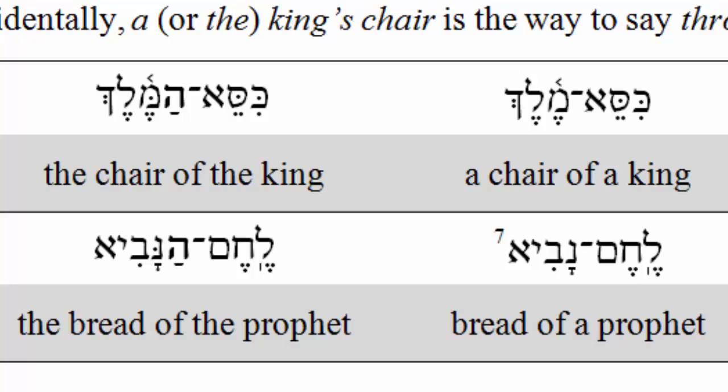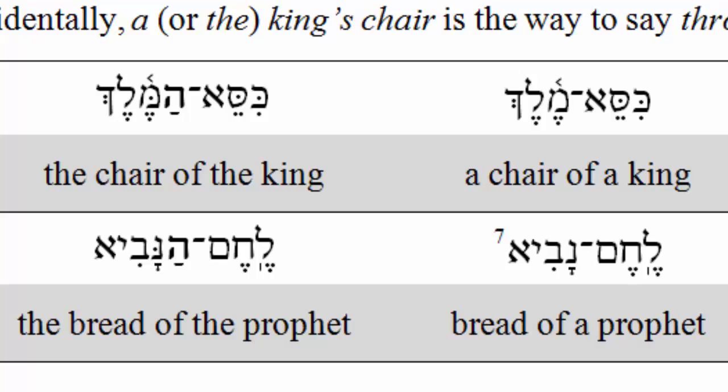In case you're wondering about the fact that in English we're using two definite articles, the bread of the prophet, whereas in Hebrew we see only one, lechem ha-navi, not ha-lechem ha-navi. Please know that this is the correct translation.